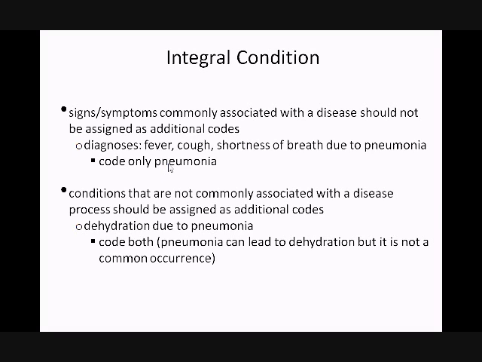Another example is something like UTI, urinary tract infection. Individuals with urinary tract infection typically will have painful urination. So if the person comes to the doctor's office and has painful urination, and then a urine test is done, or a blood test can be done too, but let's say a urine test is done, and as a result they find out that the person has a urinary tract infection.